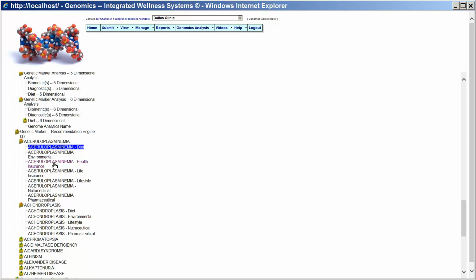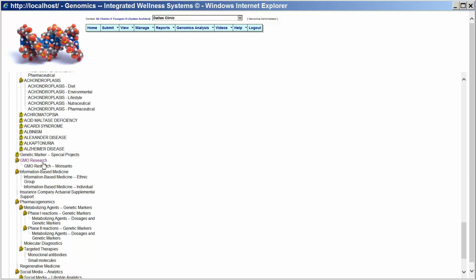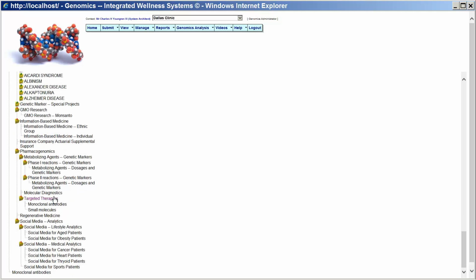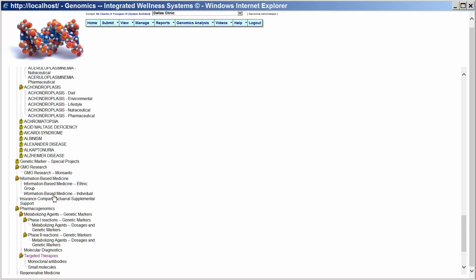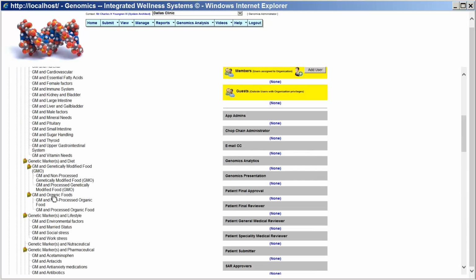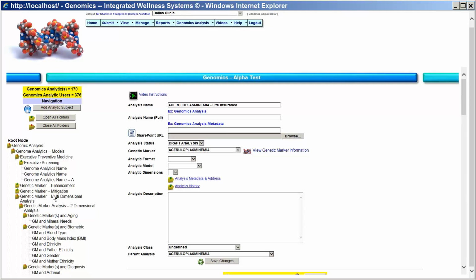We also have, again, recommendation engines for health insurance and life insurance based on the presence of a particular genetic marker. And again, we can go into pharmacogenomics, information-based medicine, and again, this is available within the system because of the depth of information that we maintain and strive to make available to medical providers.